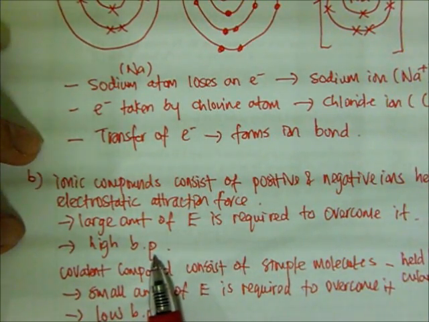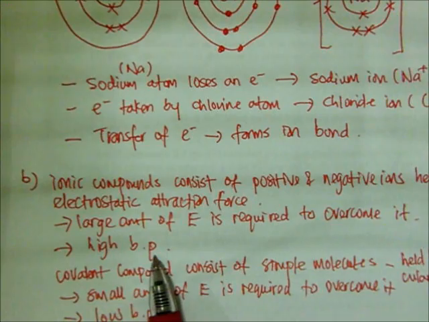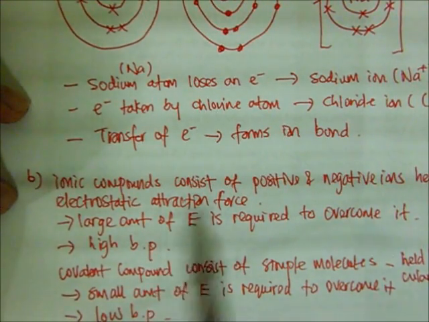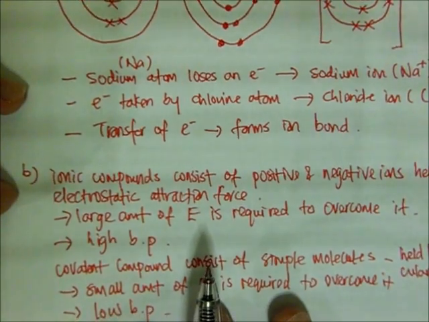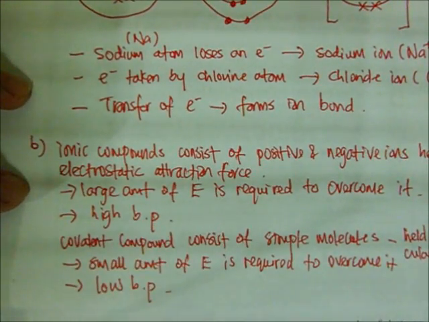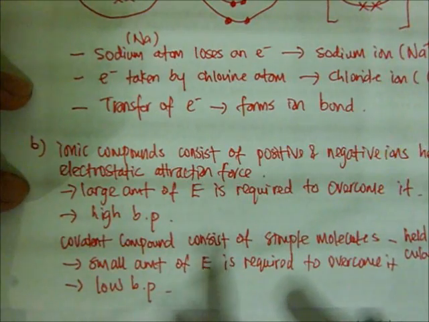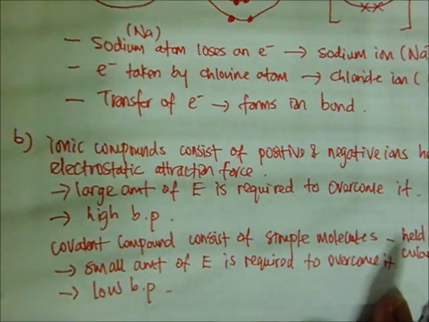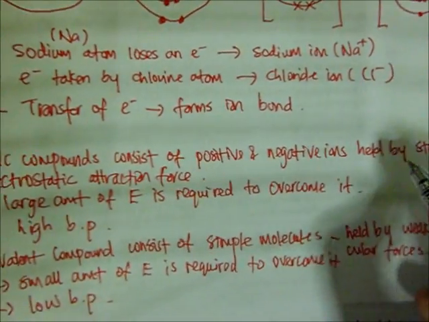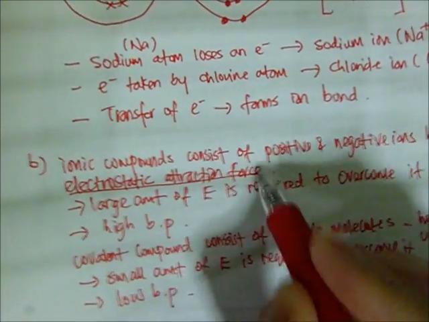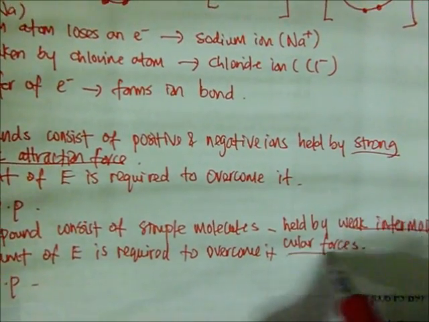That means you need to heat it very strongly until a very high temperature in order to overcome the force. Okay, so this is basically a step-by-step explanation of how to explain whether a certain compound has high boiling point or low boiling point. So the two types of forces: strong electrostatic attraction force, weak intermolecular forces.